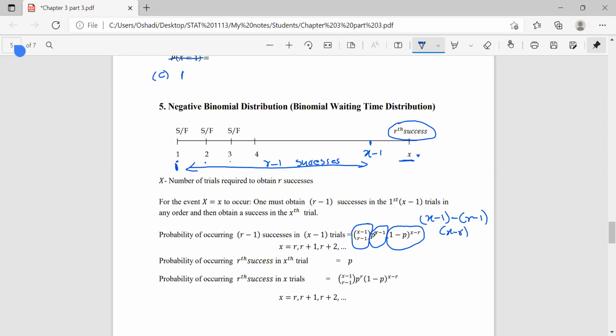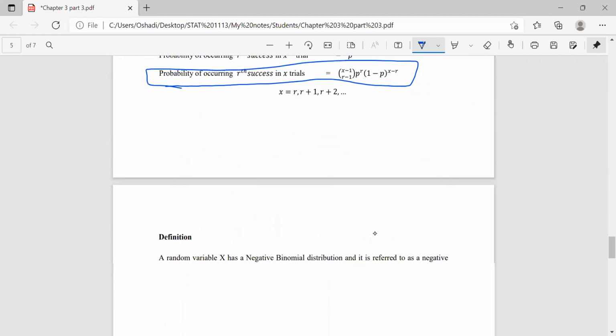So the probability of r successes in x trials is this one: x minus 1 c r minus 1 p to the power r minus 1, actually.